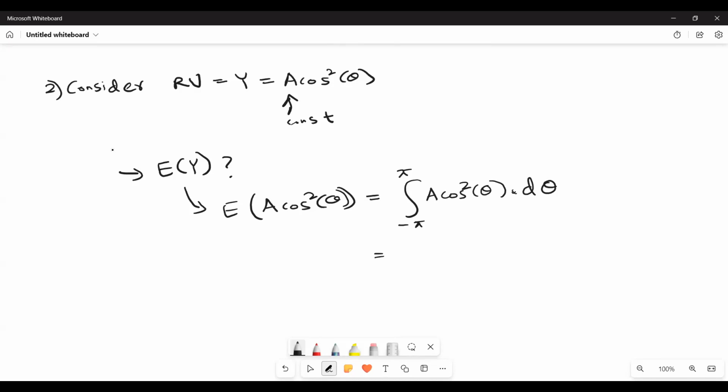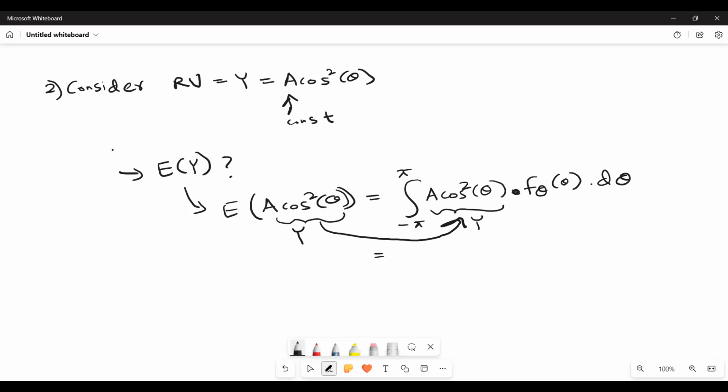So if we are given a function which is related to another variable, then I need to input the f theta here, where I need to multiply the random variable y, which is expressed in theta, with the probability density function of theta, since I know the probability variation of theta.